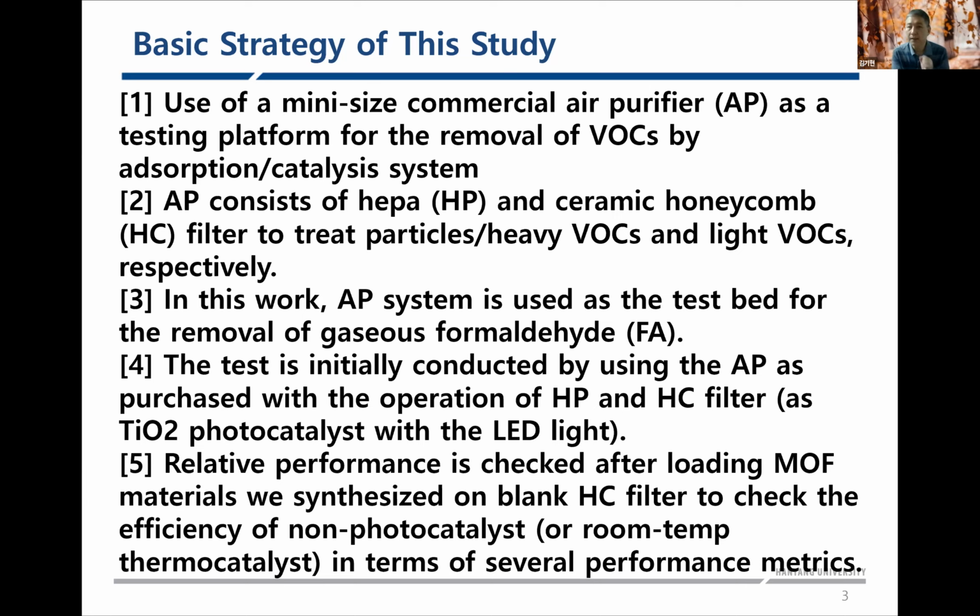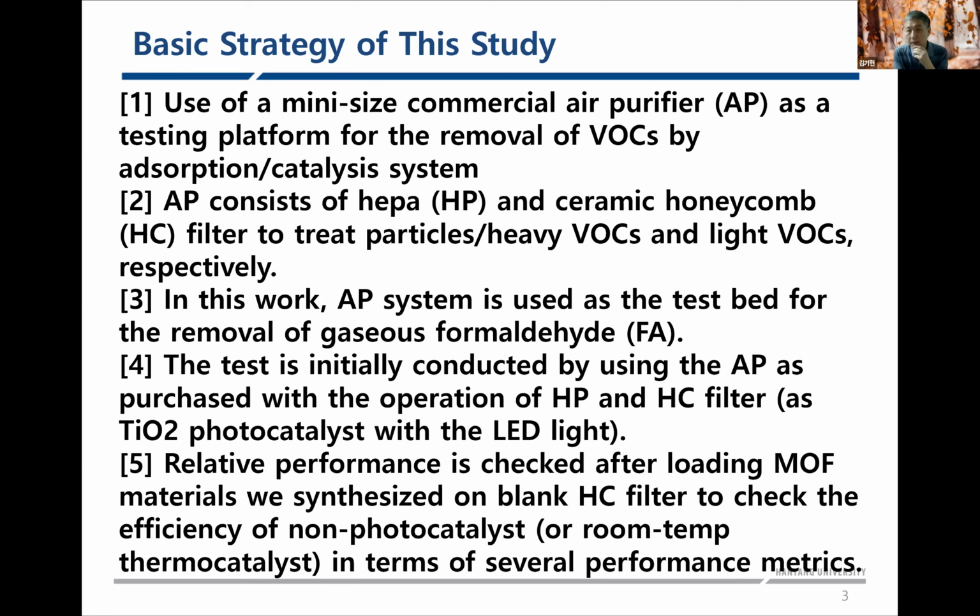So this catalyst can operate without the aid of any thermal heating sources. The commercial one cannot be operated without the LED source to reach the maximum performance, but our system can be operated even without the LED light. So that is the big difference.